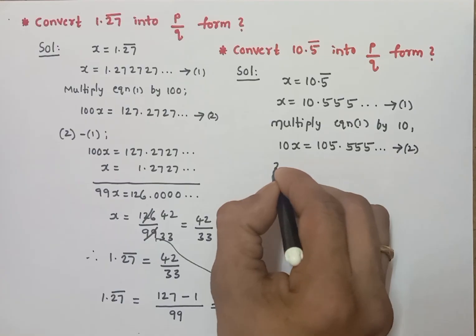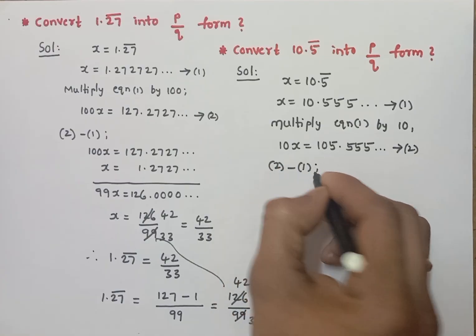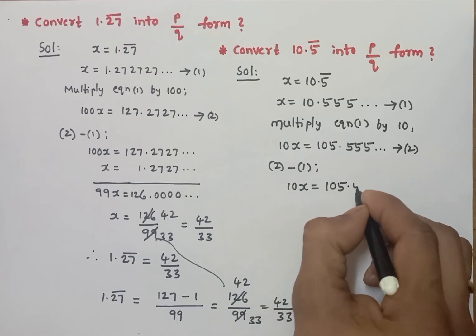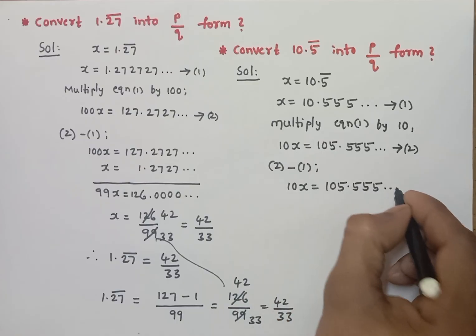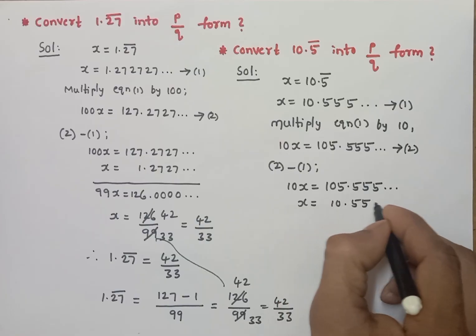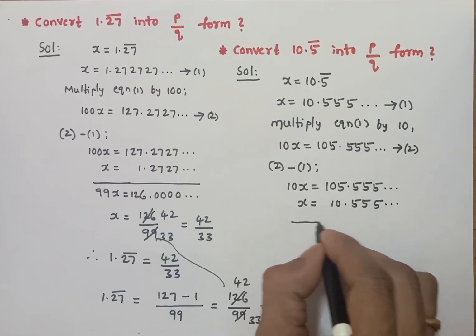Same process again, equation 2 minus 1. 10x = 105.555 and so on, and x = 10.555 and so on.